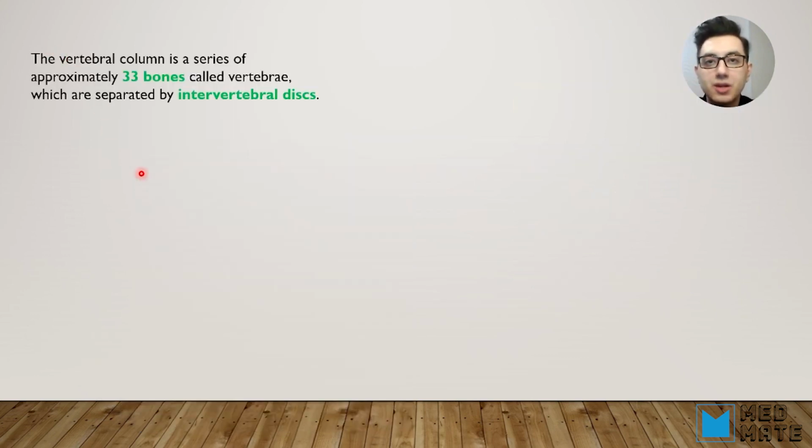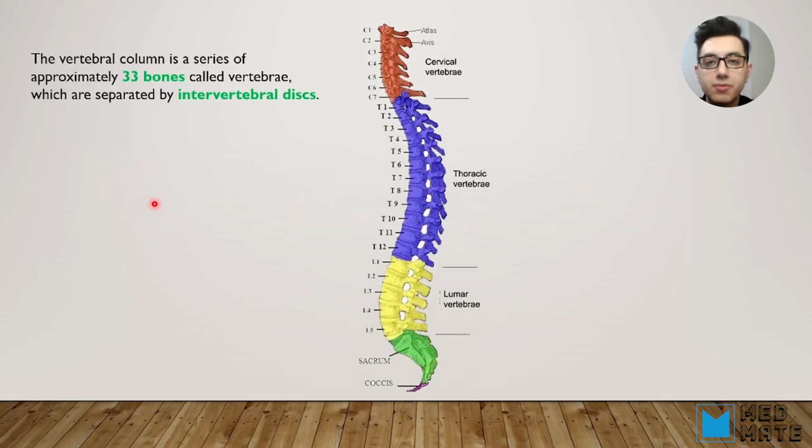Today, as you know, we are going to be talking about the vertebral column, and the vertebral column consists of 33 bones, and in between each of them we have an intervertebral disc, which works like a cushion. Now, if we were to partition each part of the vertebral column, the first segment consists of 7 vertebrae, and that's called the cervical vertebrae.